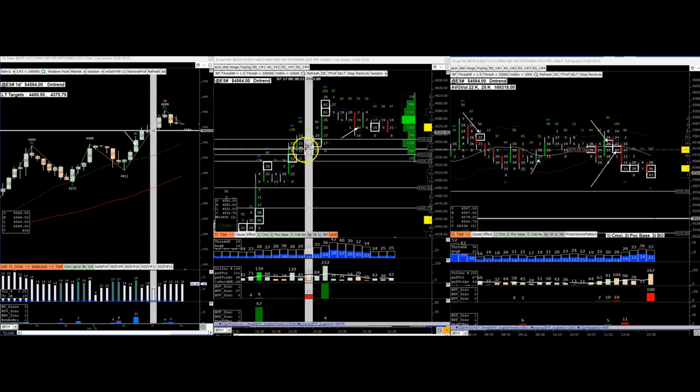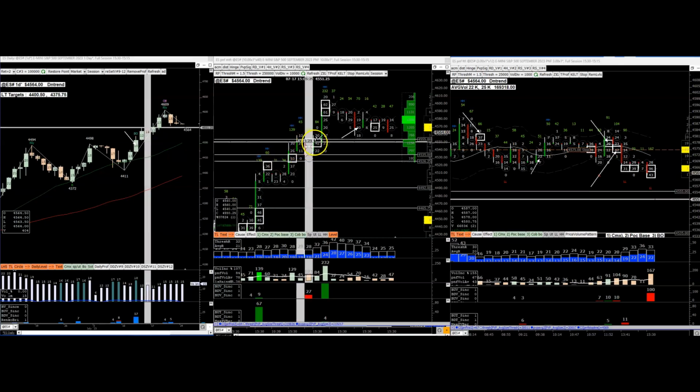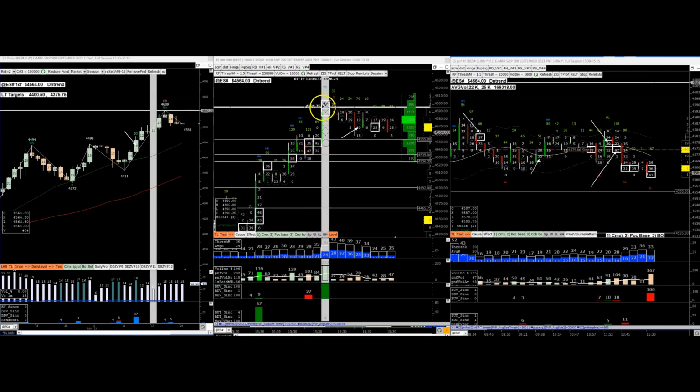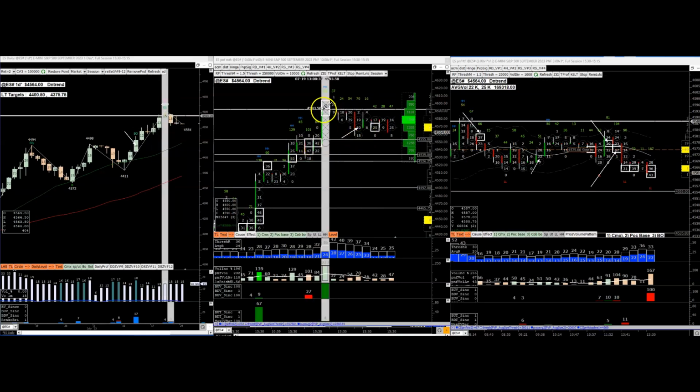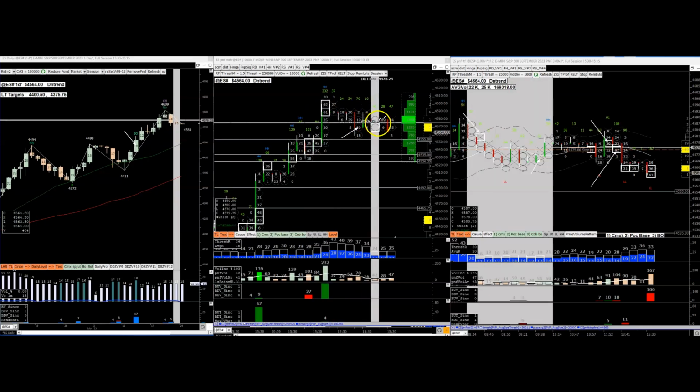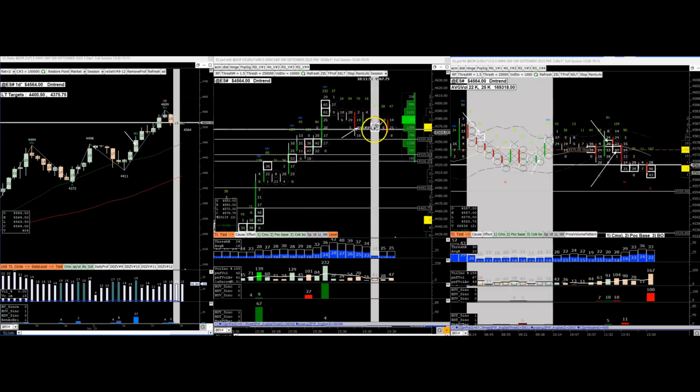So the idea is price actually goes to them, whichever methodology you use, whether it's value or whatever it is, there's a lot of volume there for whatever purpose. So there's a lot of activity there. Rallied, climax, pulled back right on top of these boxes, rally right into these boxes, and pull back.